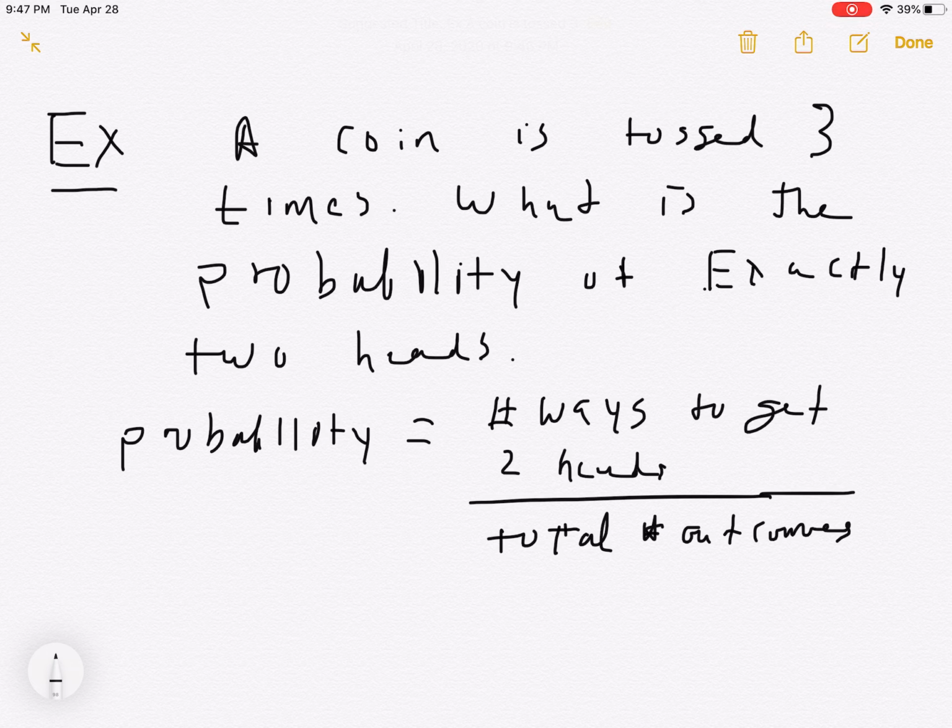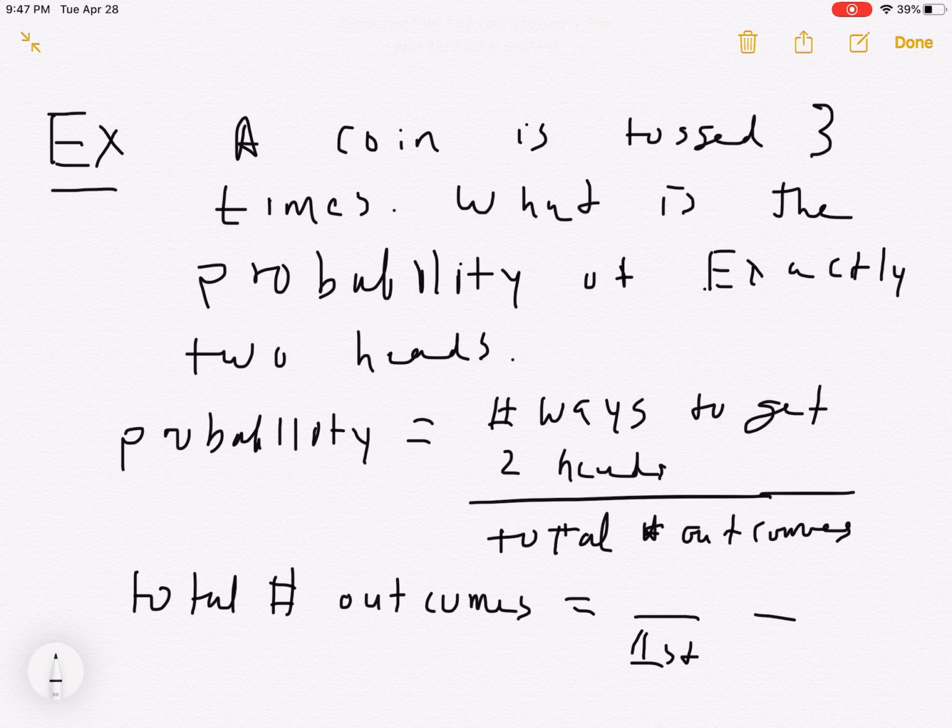Now the total number of outcomes, that's in the denominator. Well, there's a first coin toss, there's a second, and there's a third. For each toss of a coin, there's 2 outcomes. So 2 times 2 times 2. So we have 8 in the denominator.